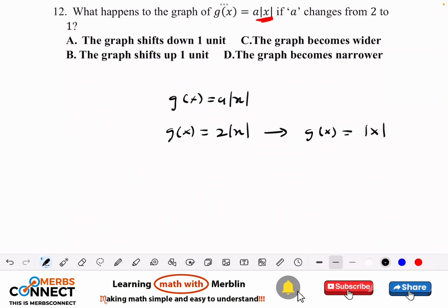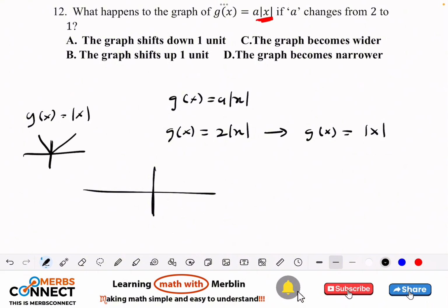So now let's draw the graph for this. You see this one, because this is 2, is going to widen the graph, right? Let's assume that we have g(x) to be equal to the absolute value of x. Then what will be the graph? The graph here will be this, because when x is 1, y will be 1, right?